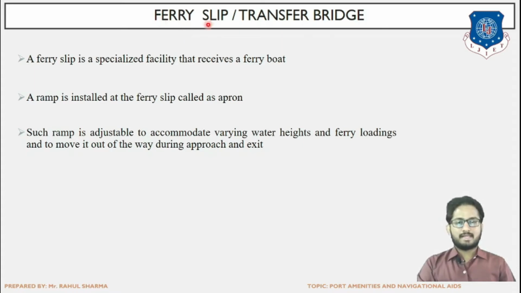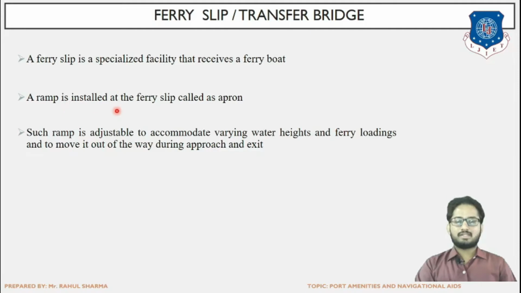First is the ferry slip or transfer bridge. A ferry slip is a specialized facility that receives a ferry boat. Its function is receiving a ferry boat that can be carrying passengers or vehicles or cargo or commodity.